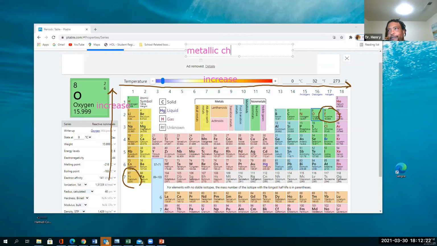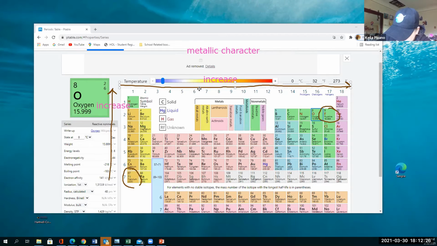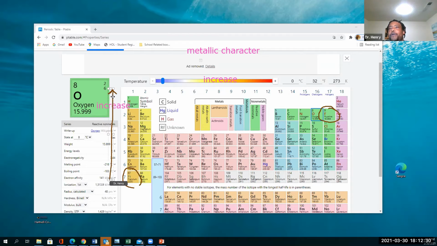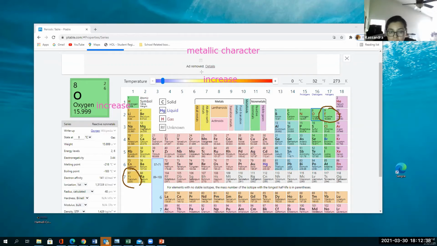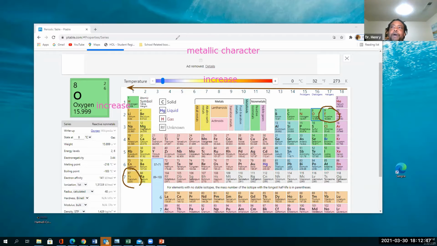Metallic character. Okay, so metallic character is going to increase in what way? Left to right or right to left? Right to left. From top to bottom or bottom to top?